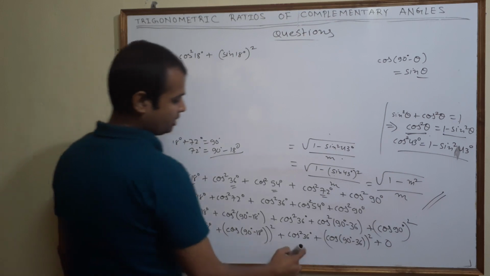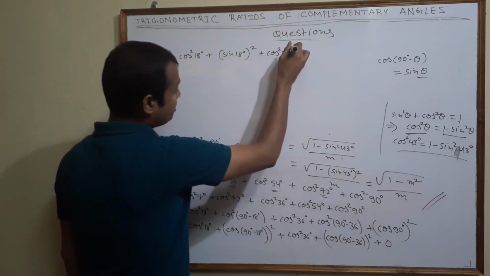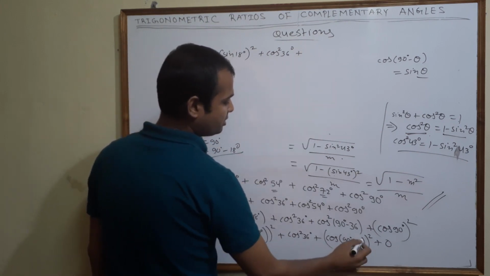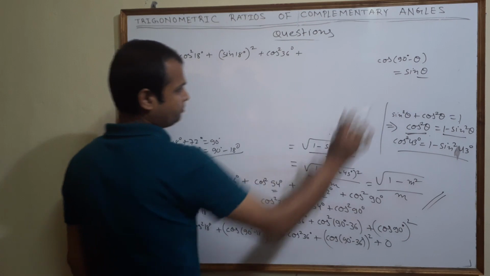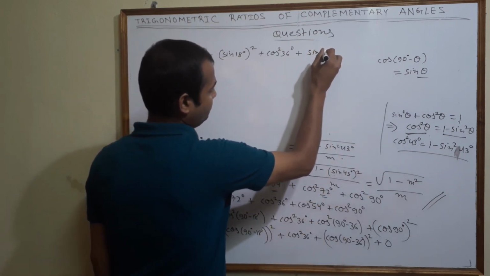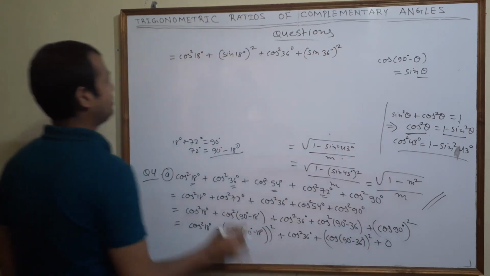Similarly, cos square 36 degree plus cos of 90 minus 36 degree will give sin 36 degree whole square, plus 0, no need to write.